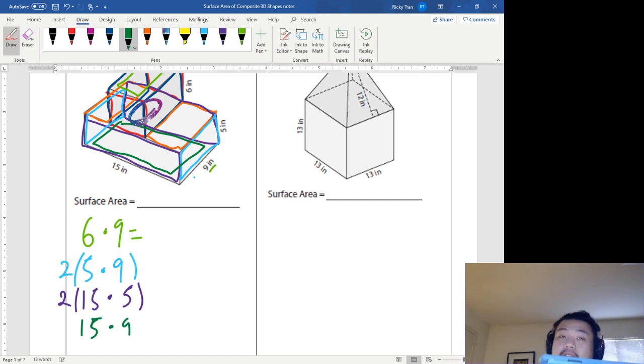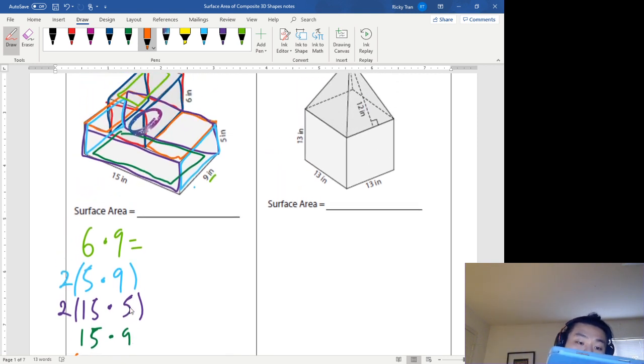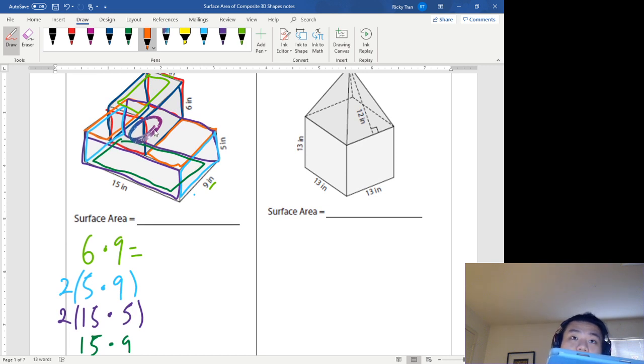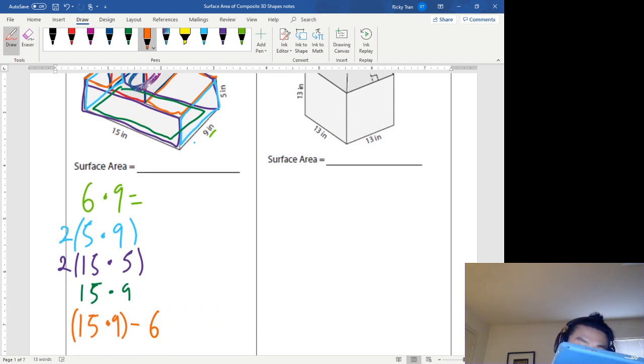And in order to find orange, you find 15 times 9 minus this area right here, which is just 6 inches by 9 inches. So 6 times 9. That's the orange area.